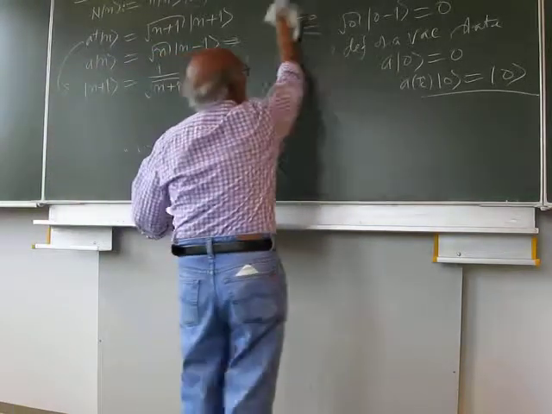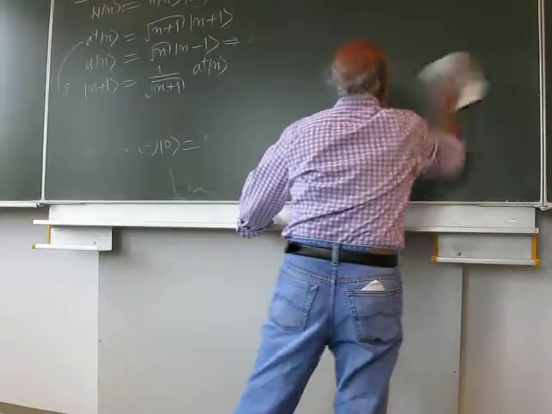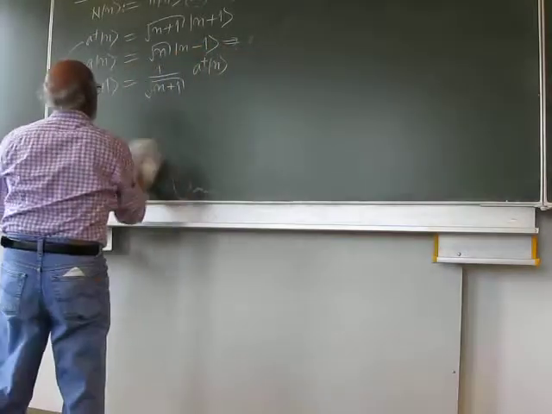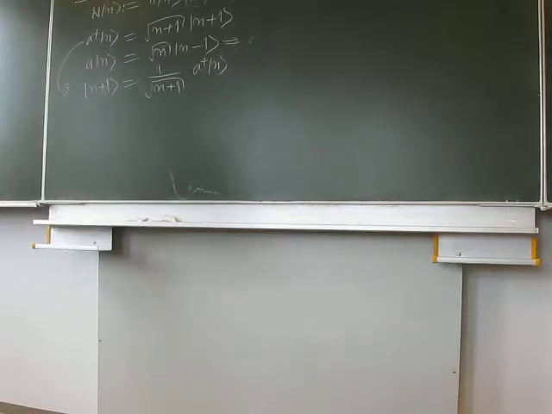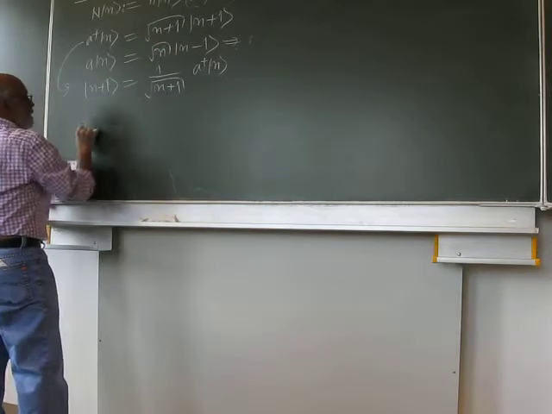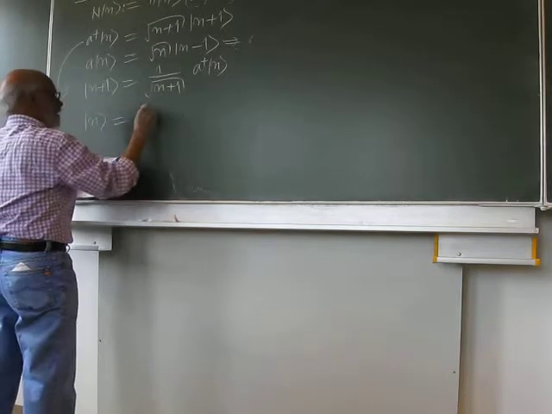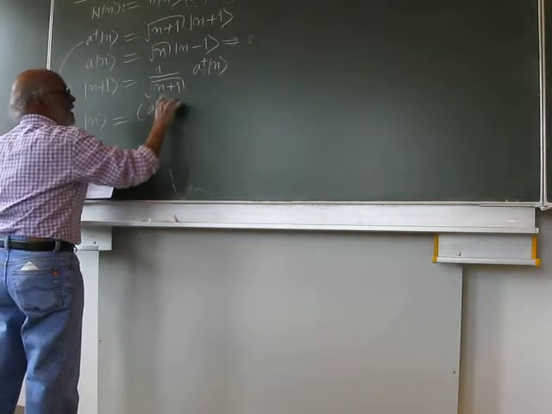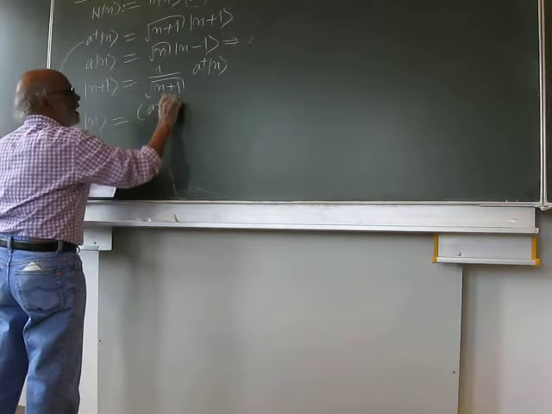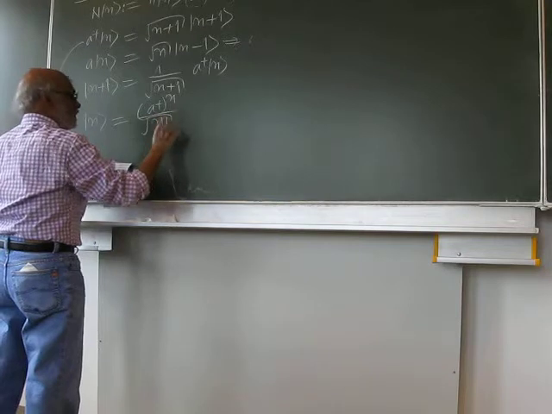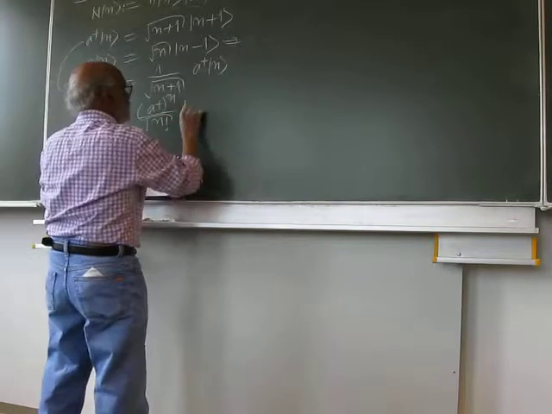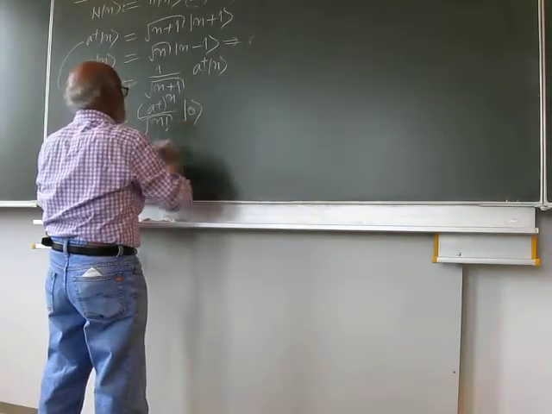Now I can remove the definition of this, and if you apply it repeatedly, you can find that a dagger to the power n divided by the square root of n factorial, times this.